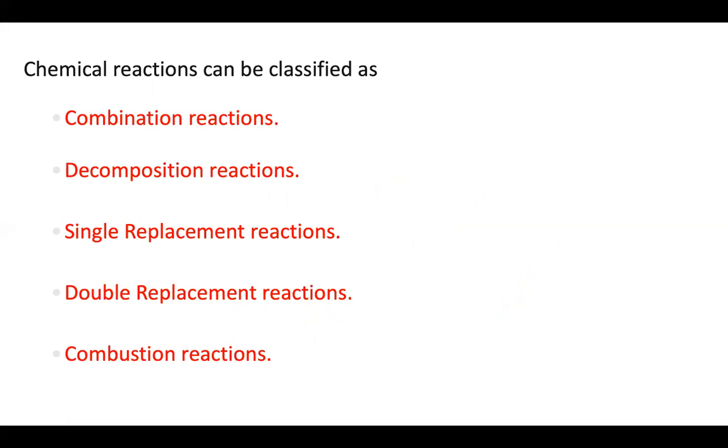In a combination reaction, as the name says, we are going to be combining two reactants in order to form one single product. This is also called synthesis, okay? So in a combination, we have A plus B that reacts in order to form AB.